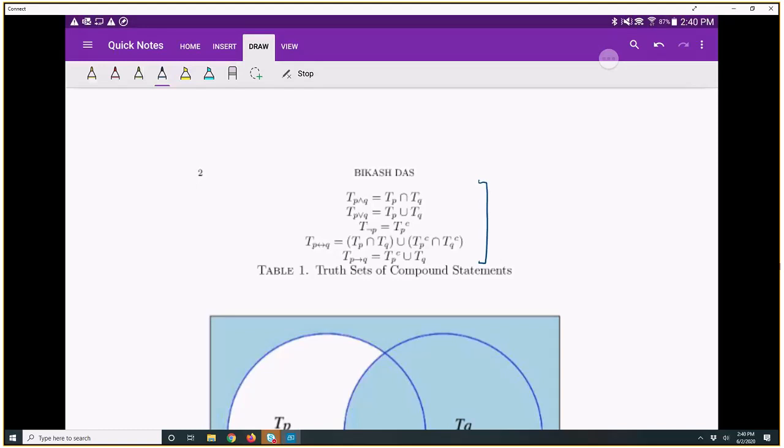The truth set of P implies Q is the truth set of P complement union the truth set of Q. And the biconditional is the intersection of the truth set of P with the truth set of Q, the intersection of the complement of the truth set of P with the complement of the truth set of Q, and then take the union of those.